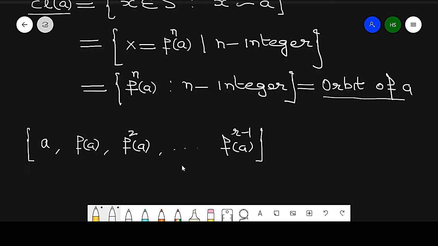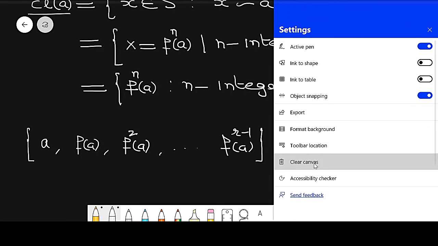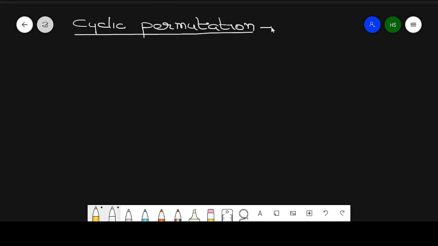Now after that, what is the definition of cyclic permutations? So this is the definition of orbit. Next is cyclic permutations. We already saw in the example what a cyclic permutation is.